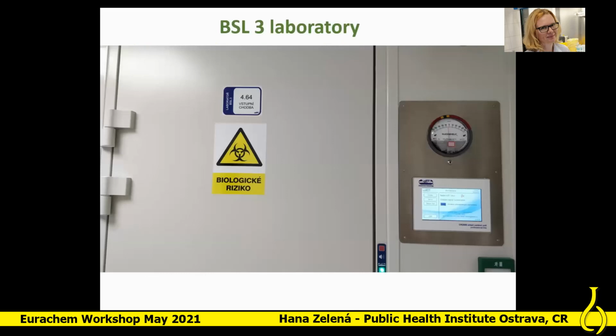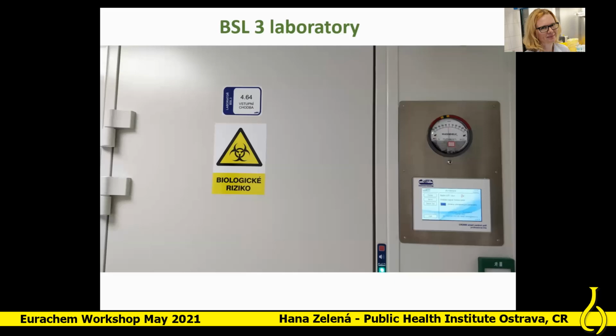So as you can see, because the SARS-CoV-2 virus belongs to the group of highly dangerous pathogens, we have to work with these living viruses in a specific high containment laboratory called BSL-3.